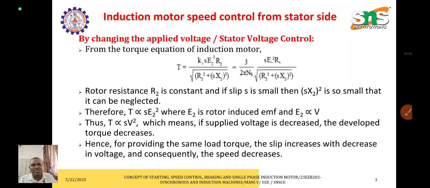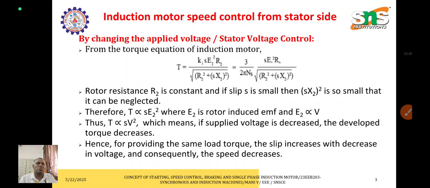Here K1 is a constant, so we can neglect that, and R2 is the rotor resistance, also constant here, so we can eliminate that. The slip is very small, so S into X2 is also very small, and we can neglect that. After neglecting all the constants and the small values, finally the torque is directly proportional to slip into E2 square.